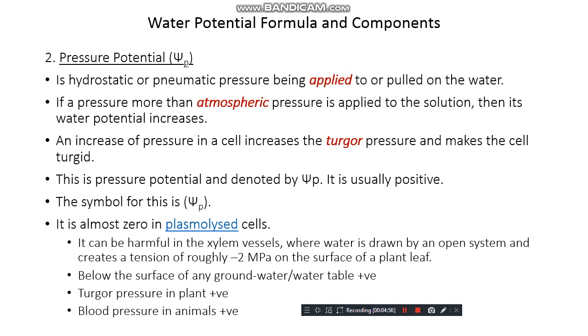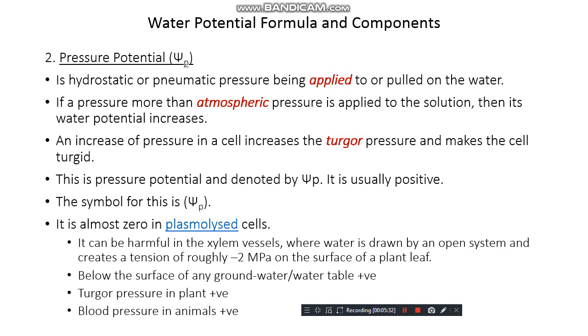It increases the turgor pressure and makes the cell turgid. When we see this, we call it positive pressure potential. Pressure potential becomes negative only when water goes through the xylem from the roots of the plant to the leaves and the shoot, because it needs energy to take the water molecules from the ground to the upper parts of the plant.